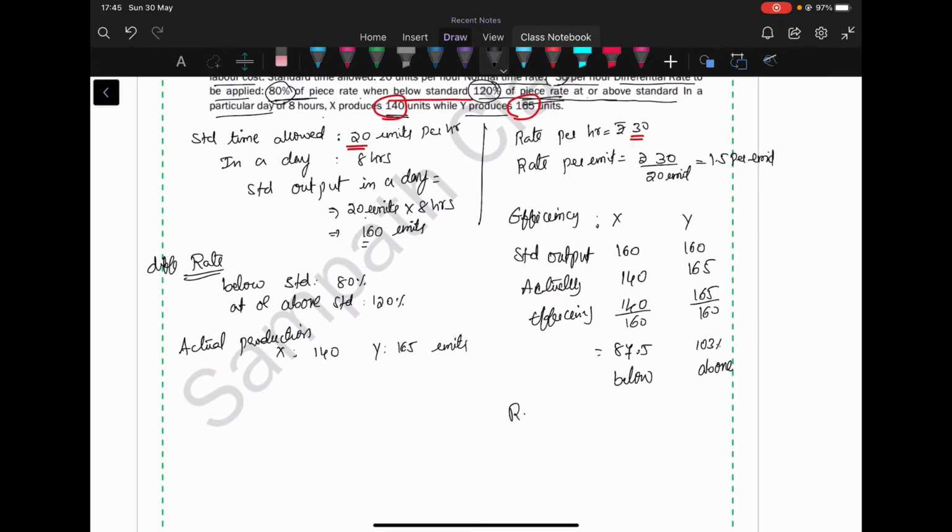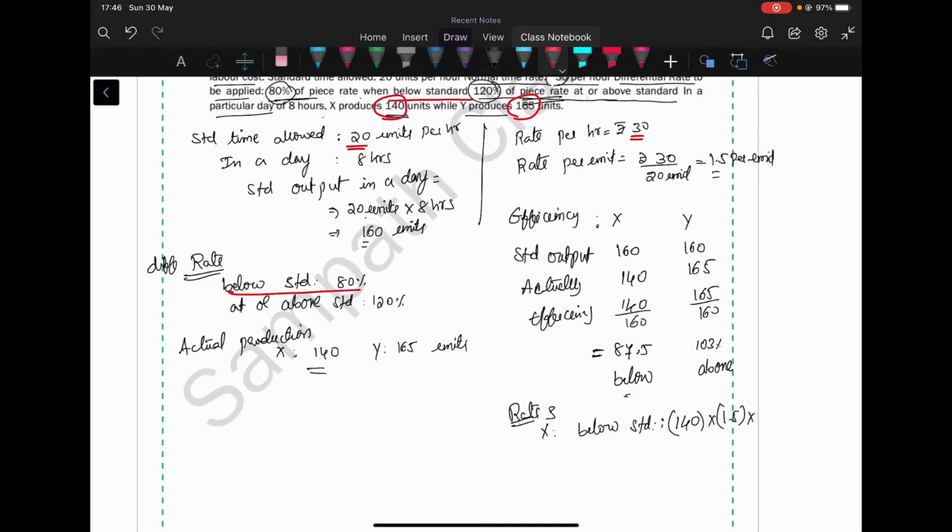The rates given here: X is a below standard person. How many units did he produce? He produced 140 units. Rate per unit 1.5, but as his efficiency is below standard, he will be paid only 80 percent.